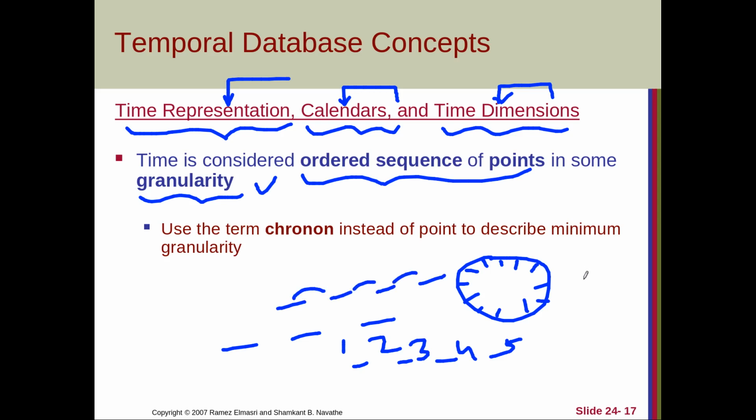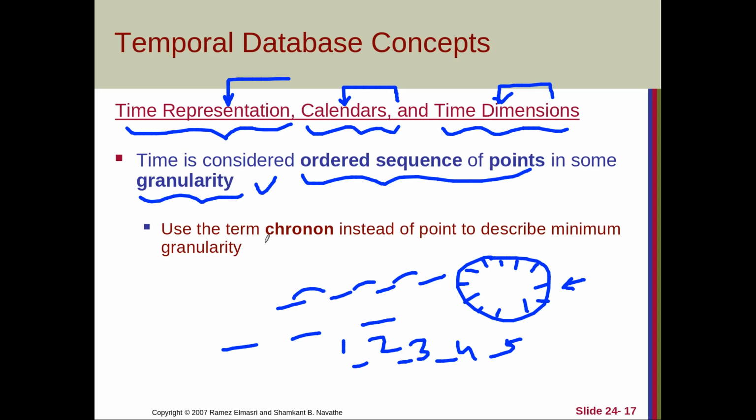For a clock, the granularity is seconds, minutes, hours. For days in the week, we have day 1, day 2, day 3, so day granularity. For months, we have month 1, month 2, so month granularity. So we can represent time in different granularities, but it always represents an ordered sequence of points, and the granularity may differ depending on the situation.